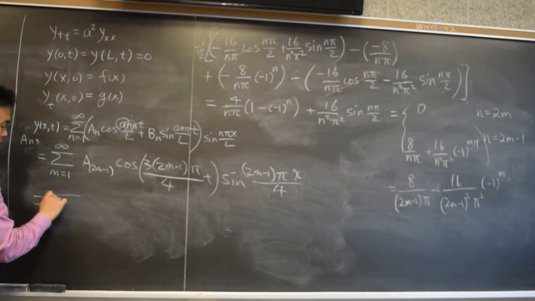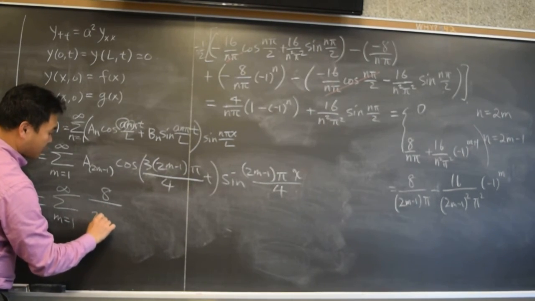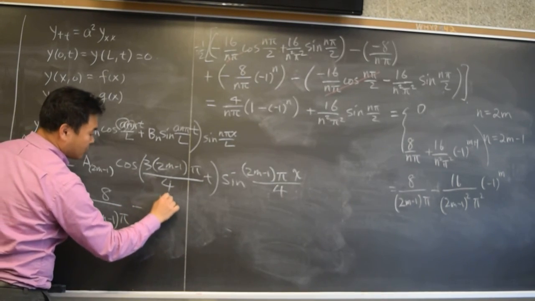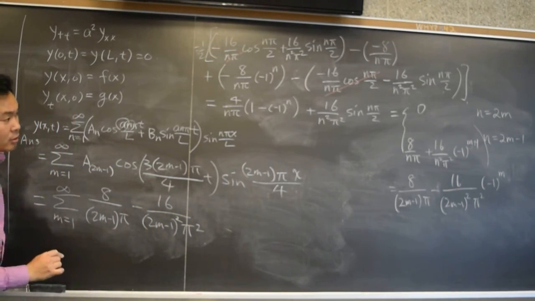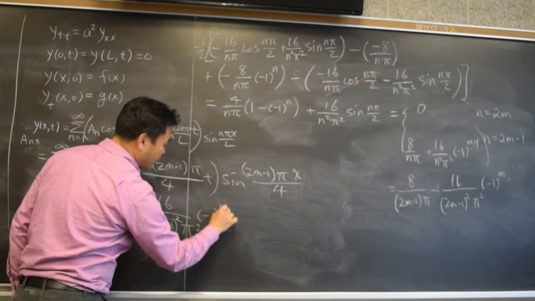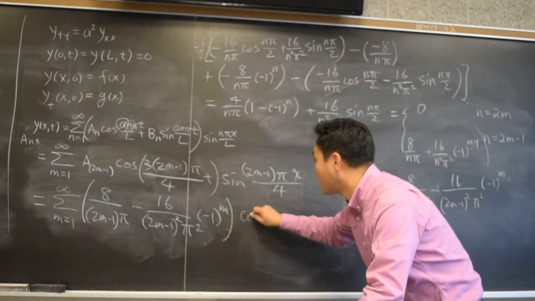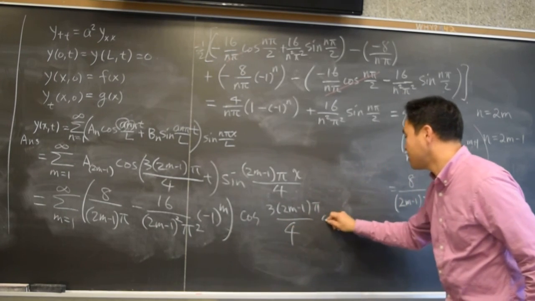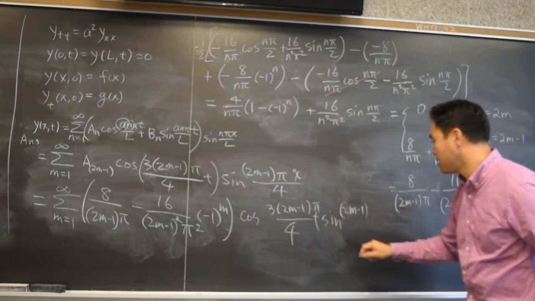So the answer is sigma m from 1 through infinity of 8 over 2m minus 1 pi minus 16 over 2m minus 1 squared pi squared times negative 1 to the m, times, and I have to copy this, after the cosine 3 2m minus 1 pi over 4 t, sine 2m minus 1 pi x over 4. Oh, there's a t, I forgot t here.